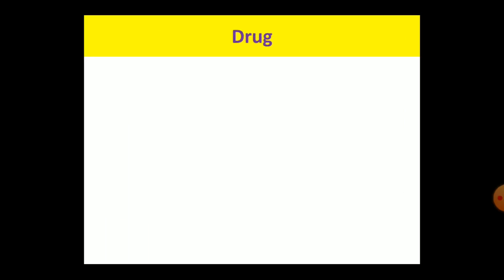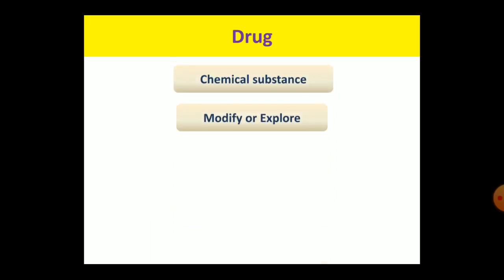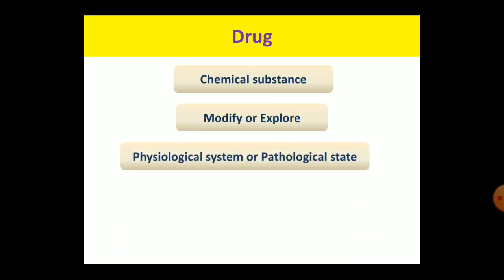Now the next is the drug. The word drug comes from the French word drogue, which is known as a dry herb. But to understand what a drug is, obviously a drug is a chemical substance, and that chemical substance can modify or explore our biological system, that is the physiological system, or in the disease state, the pathological state.